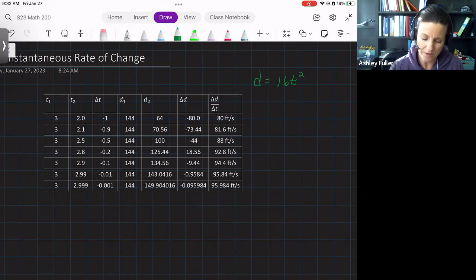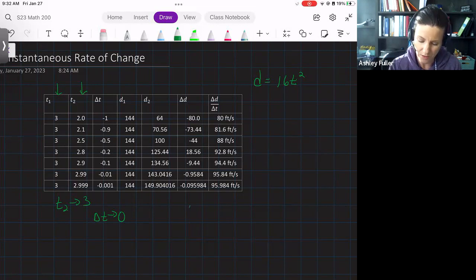To further explore this, we are going to look at t values between 3 and 2, getting very, very close to 3. So notice you can think of it as T2 is approaching 3, which results in delta T, the change in T between T2 and T1, approaching 0.